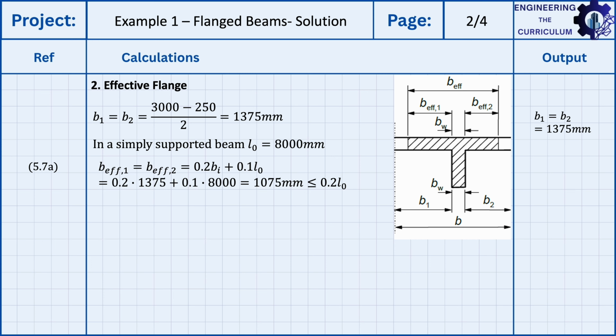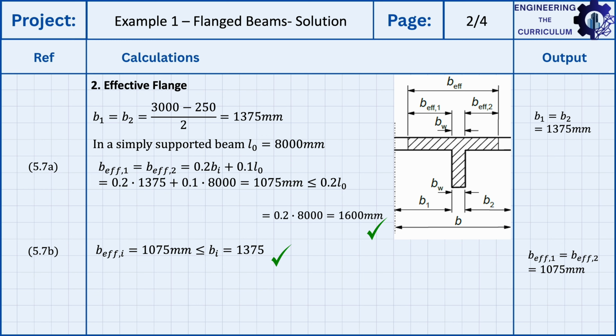Now this needs to be smaller than 0.2 L0, which is 0.2 times 8,000 in our case, which works out as 1,600 millimeters. We also need to check that the B effective is smaller or equal to B1 and B2, because obviously you can't pass half of the span because you'll encroach on the next beam's effective flange.